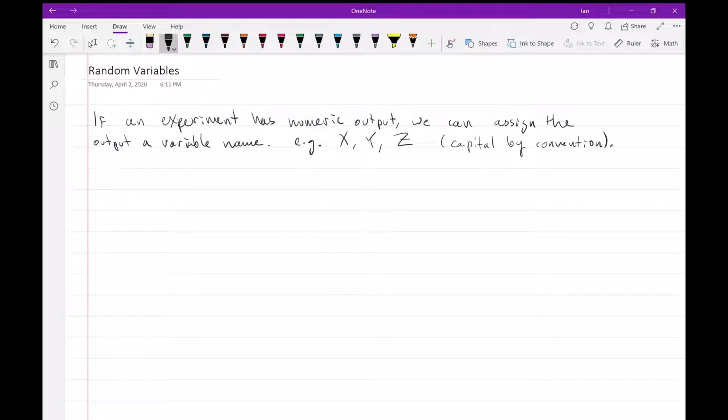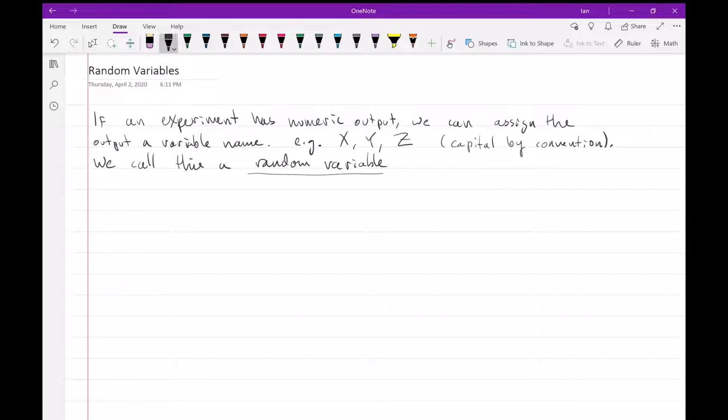And we call this variable a random variable. And it's different from most variables you'll have encountered in math in that we never really talk about it having a particular value. You just talk about the probability of it equaling one thing or another thing.